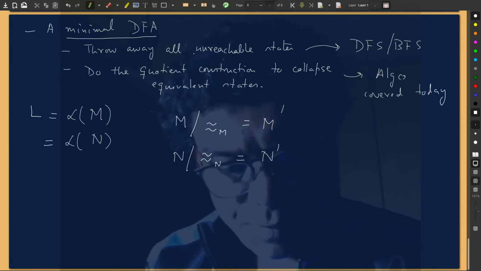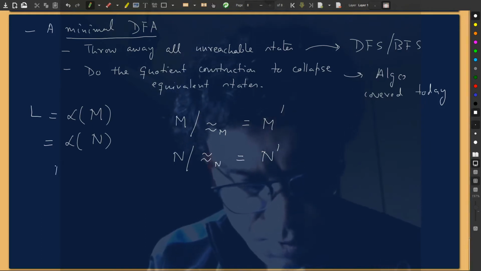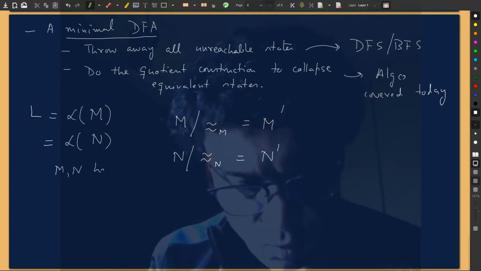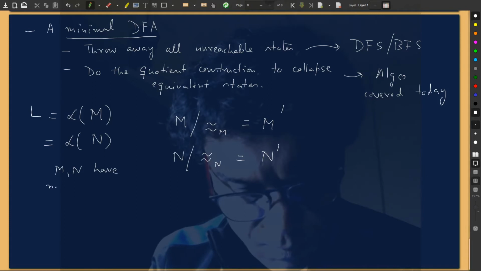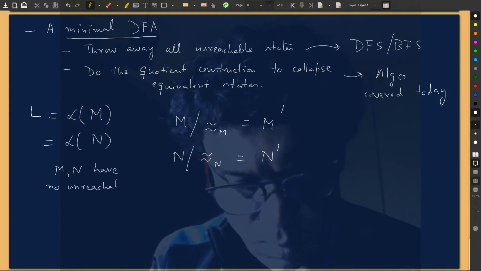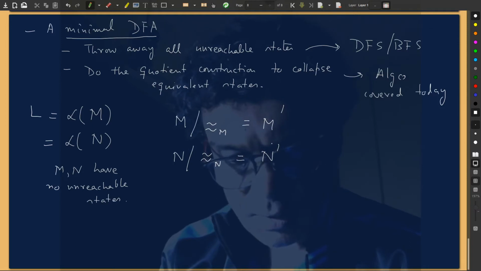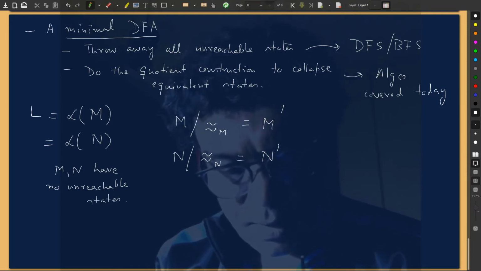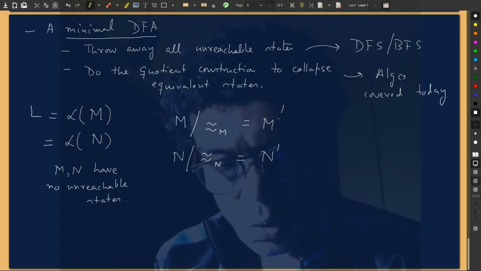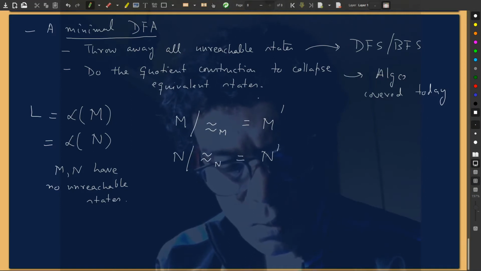So you also assume that M and N have no unreachable states. So first throw away all the unreachable states and then do these quotient constructions, such that you have no collapsible pairs of states also.